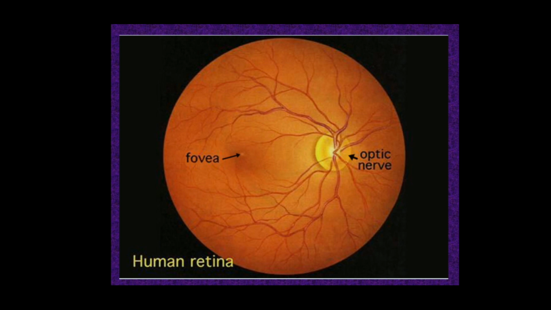Along with that, the rods and cones are widely scattered over the retinal layer. So there are two regions in the retina where there is a slight difference in the distribution of photoreceptors. One is the yellow spot, also known as fovea, and the other is the blind spot, where the optic nerve arrives.